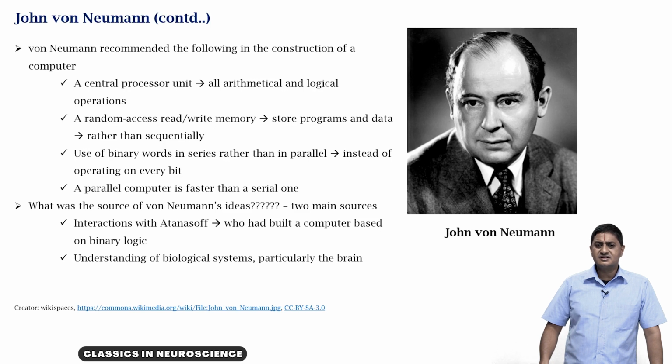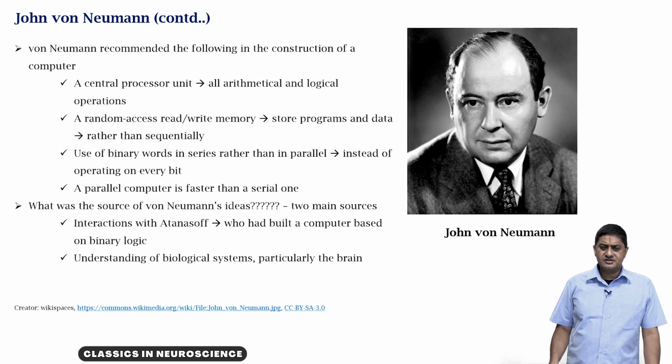A question is, what exactly was the source of von Neumann's ideas? We speculate that it could be from two primary sources. One is based on his interactions with Atanasoff, who had built a computer based on binary logic, the ABC computer.